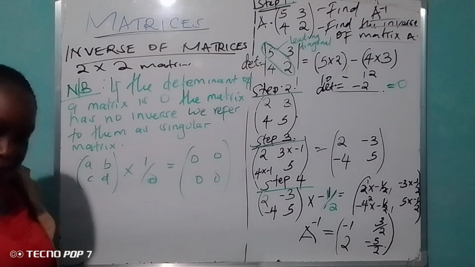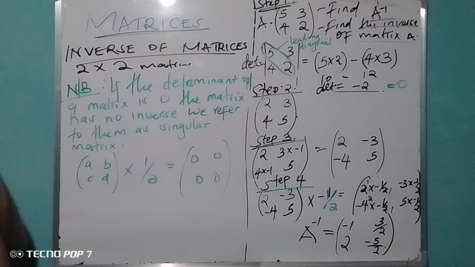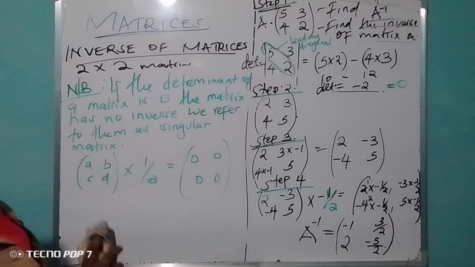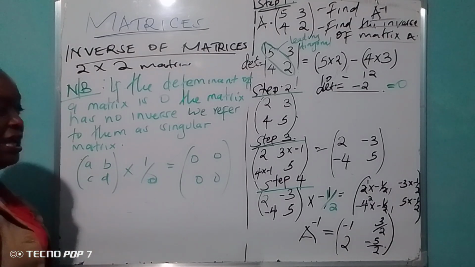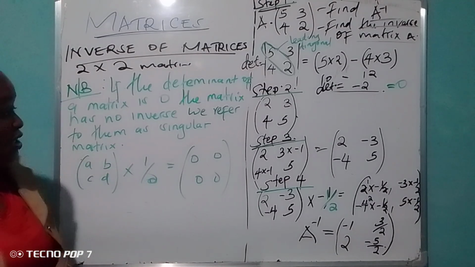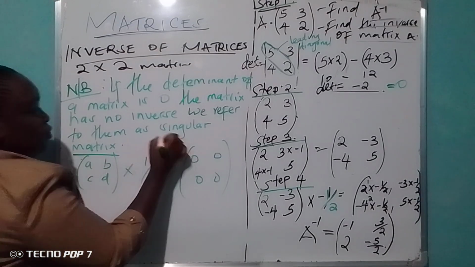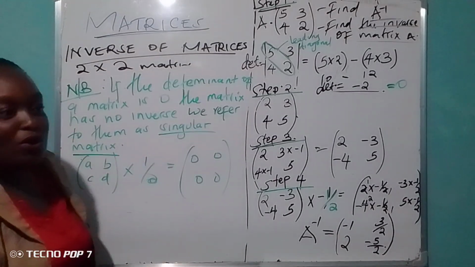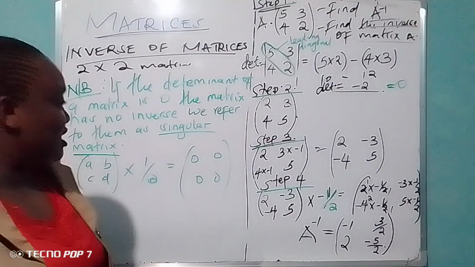Write aside an NB, that if the determinant of a matrix is 0, the matrix has no inverse. We refer to them as singular matrix. So if somebody asks you what a singular matrix is, you have the answer: its determinant is 0.